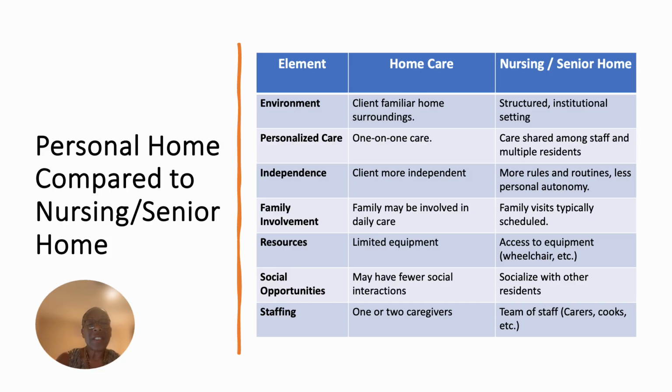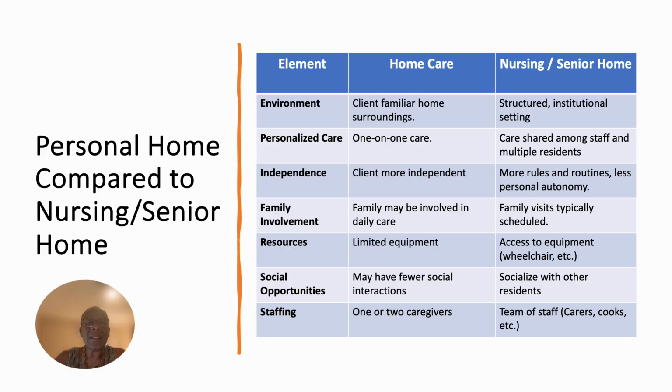When it comes to personalized care, it is one-on-one care in the home environment. In a senior home or nursing home, the care is a shared responsibility among the staff and multiple residents.